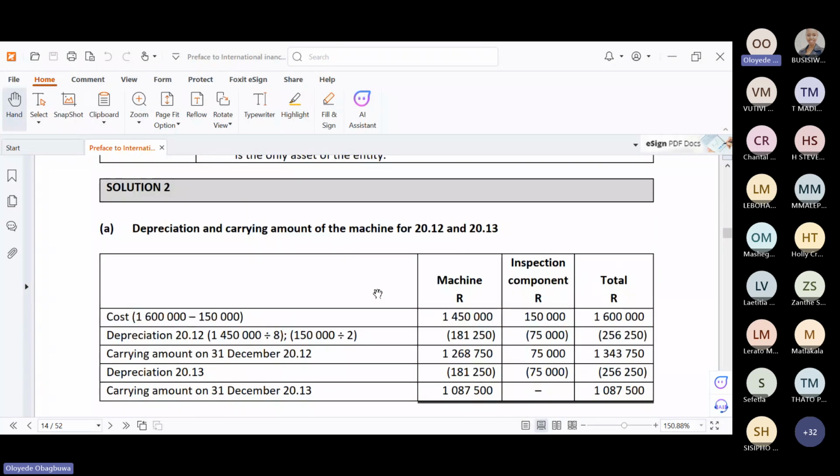Now let's look at the solution. Let's look at the questions. A asked us to calculate the depreciation and the carrying amount of the machine for 2012 and 2013. Anyway, this is just to calculate the depreciation.